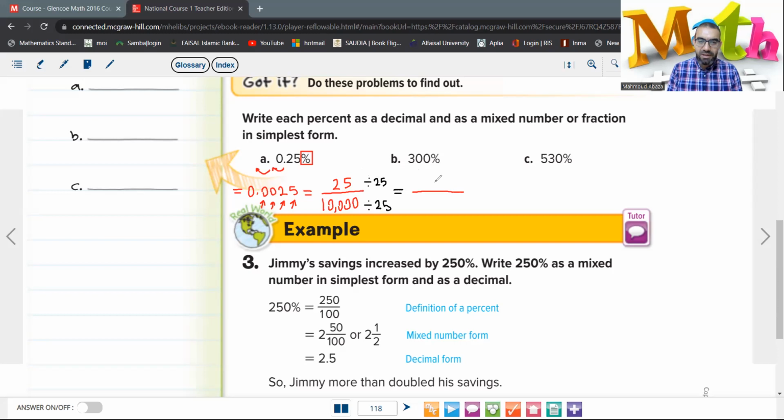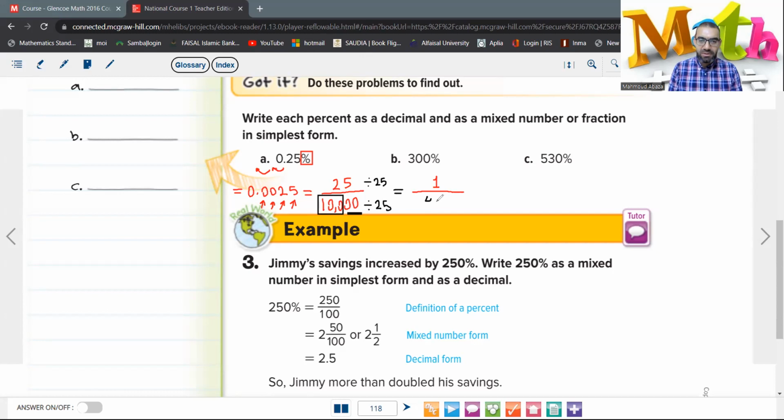25 divided by 25 is 1. 10,000 divided by 25, just divide the 100 and we will drop the 2 zeros. We know that 100 divided by 25 is 4.